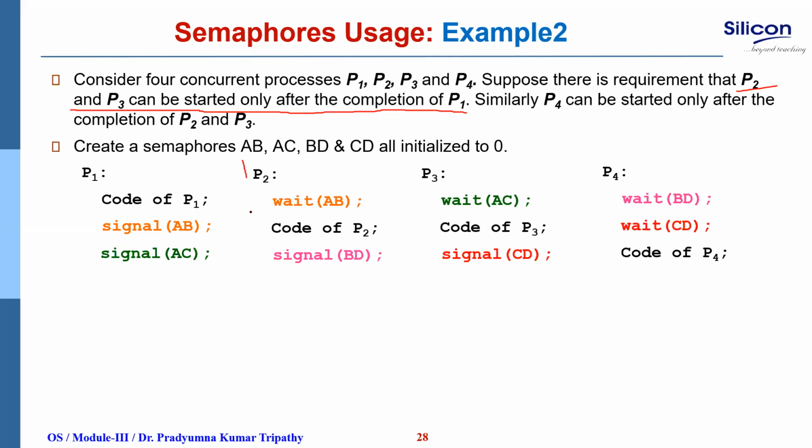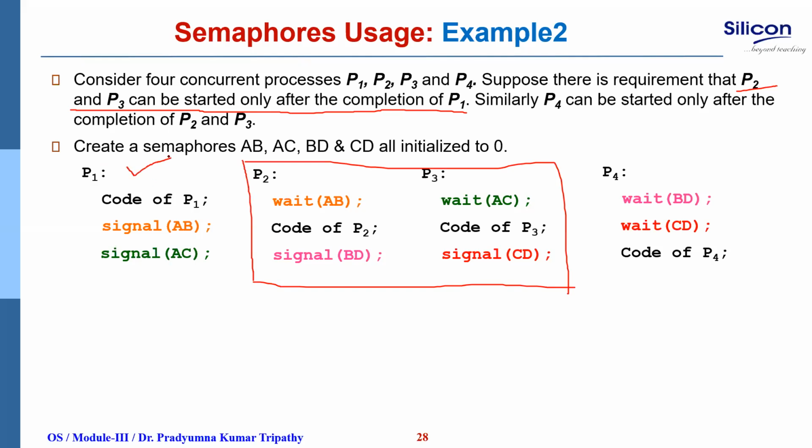P2 and P3 can only start after P1 has started. P1 will definitely execute first, then P2 and P3. So what will you do over here?